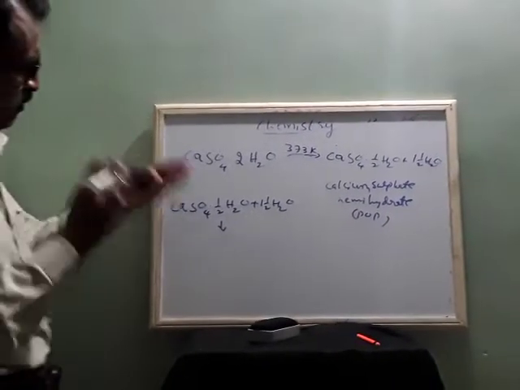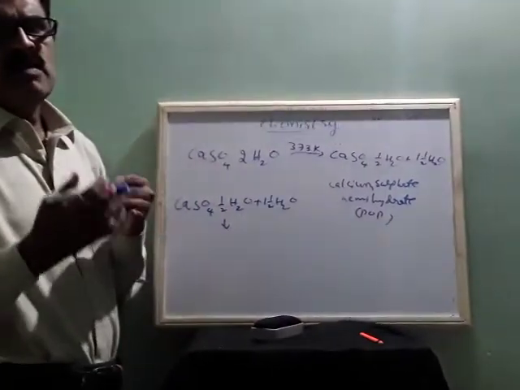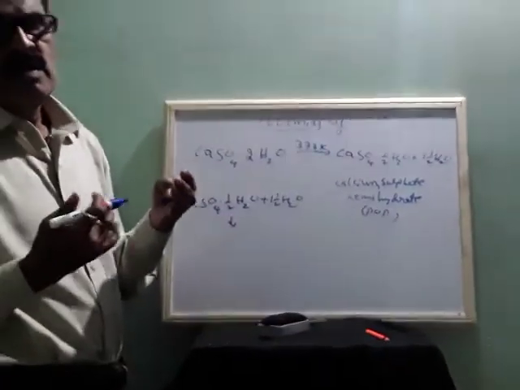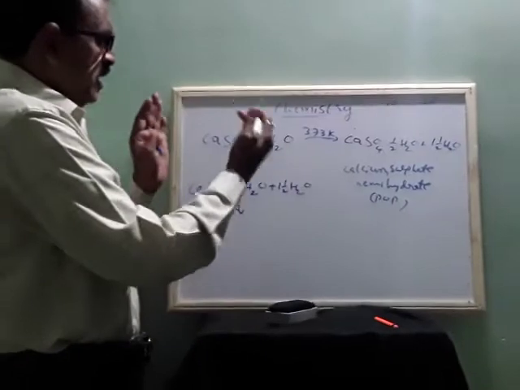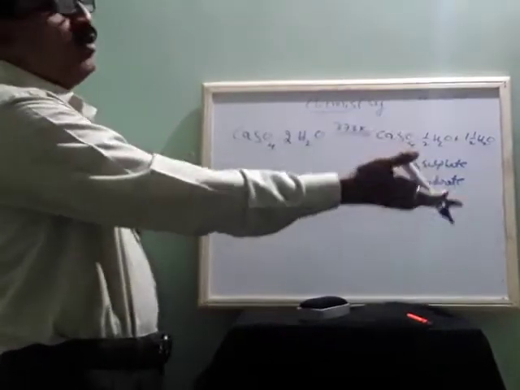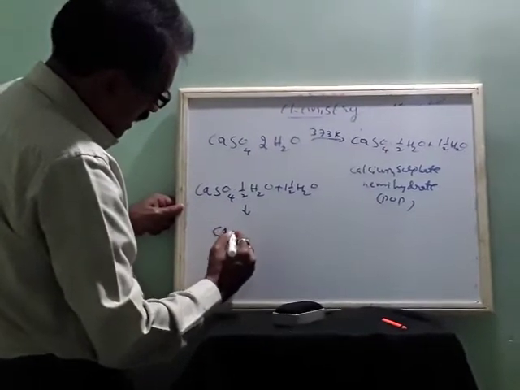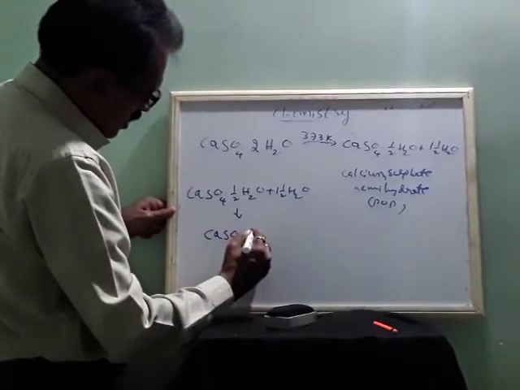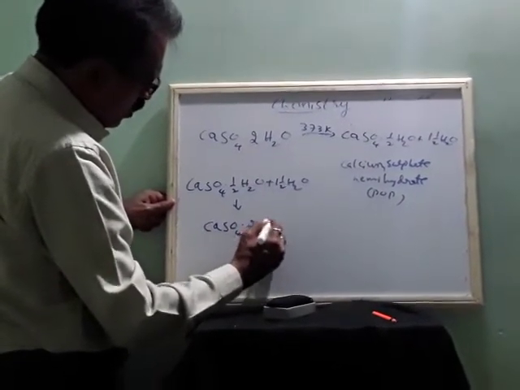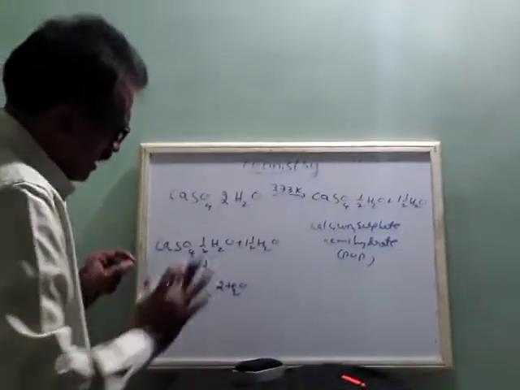That's why I told you sometimes the reactions are reversible. From gypsum we get POP, and from POP we get gypsum. So again this becomes CaSO4 dot 2H2O. In this way we are able to get it.